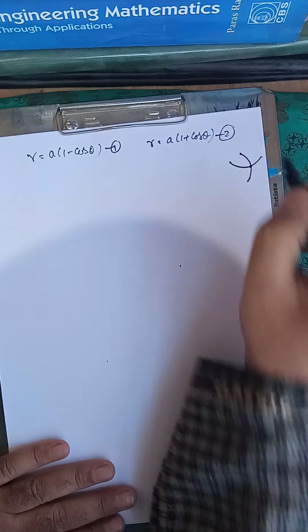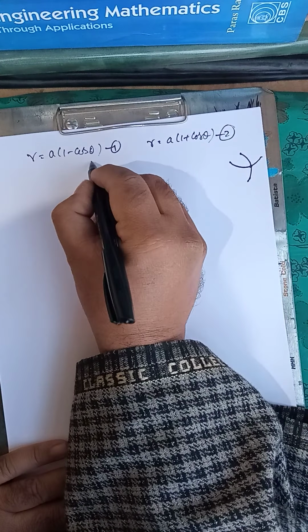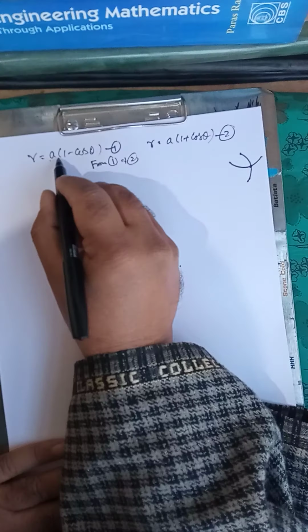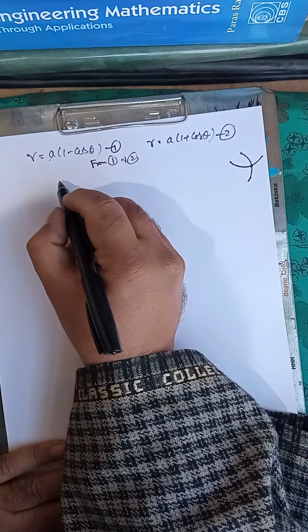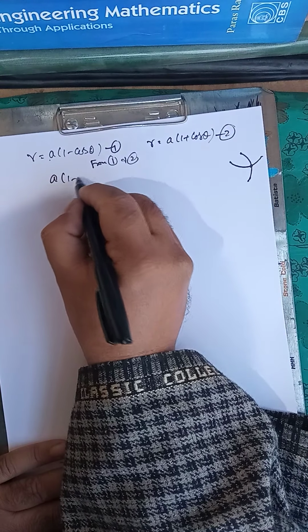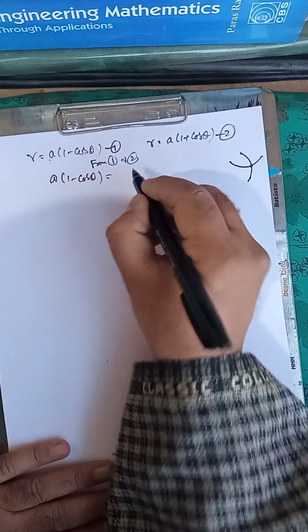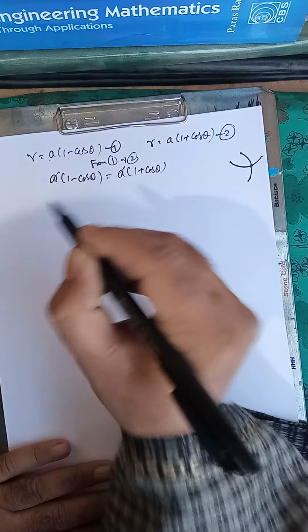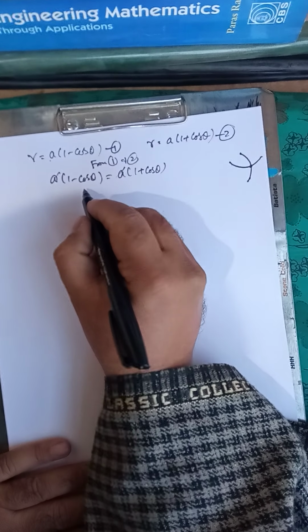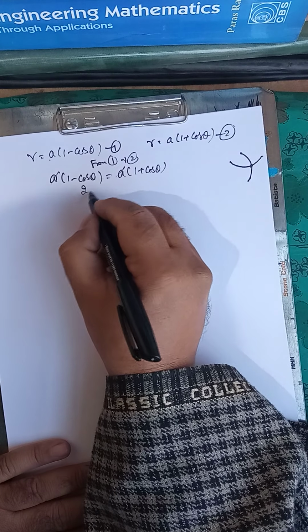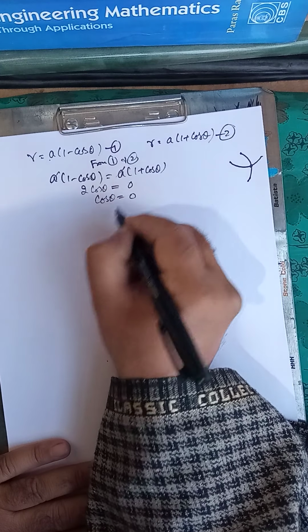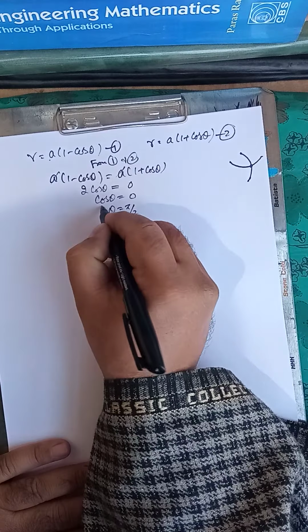From 1 and 2, I get a(1 minus cos theta) equal to a(1 plus cos theta). So 1 and 1 go, and 2 cos theta equals 0. It means cos theta equals 0, so theta equals pi by 2.